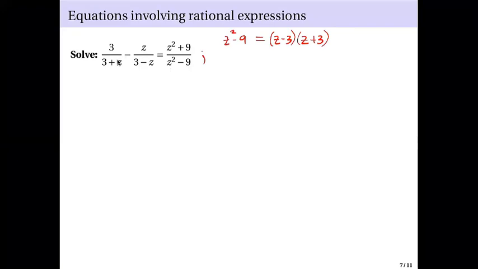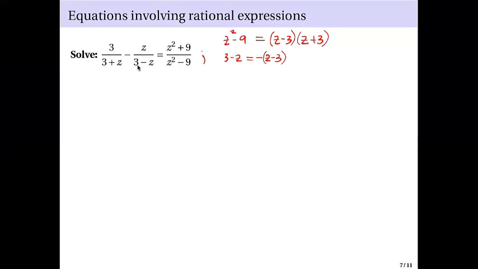And then we have here the 3 plus z, it's just z plus 3. For this 3 minus z, keep in mind, 3 minus z is only negative z minus 3. Okay?